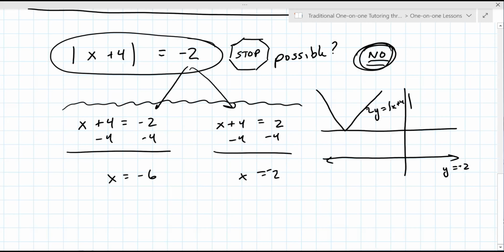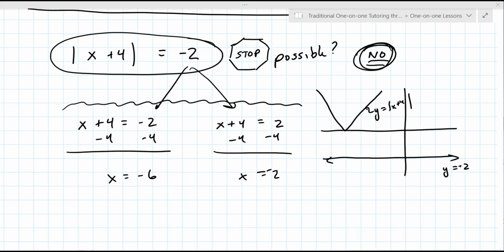You want to stop because it's not possible. So if you have the absolute value of something equaling a negative number, there is no solution, unless there's a negative before the absolute value. That's different. And that is okay. I don't even need to do that down there because it's just no solution.